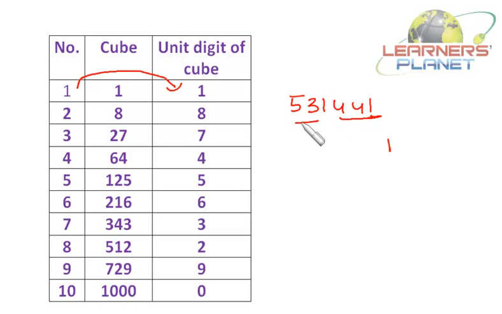Now 531 lies between the cubes of 8 and 9. So we'll have 8 at the tens place. So the cube root of 531441 is 81. Isn't it so simple, friends?